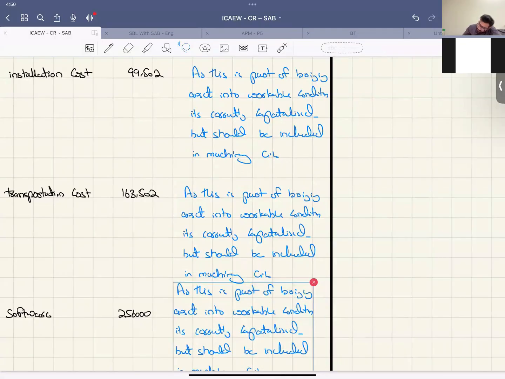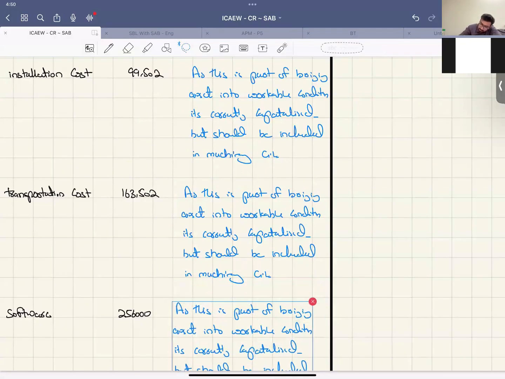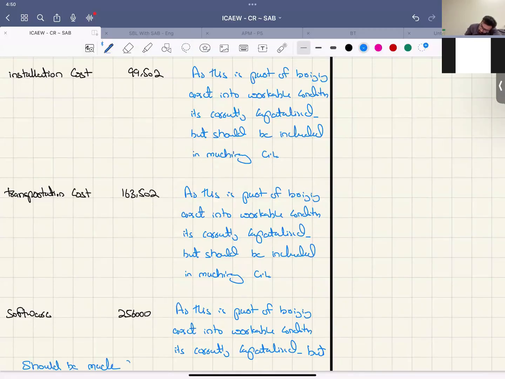Correctly capitalized, but should be made separately in intangible assets.